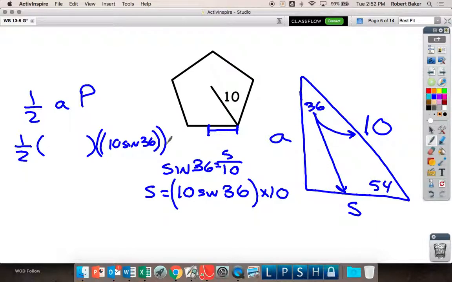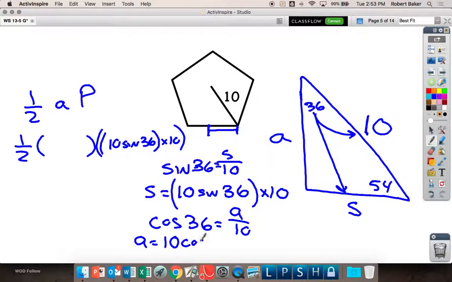Now I need to go find my apothem. You're saying cosine of 36? A is equal to 10 cosine 36.